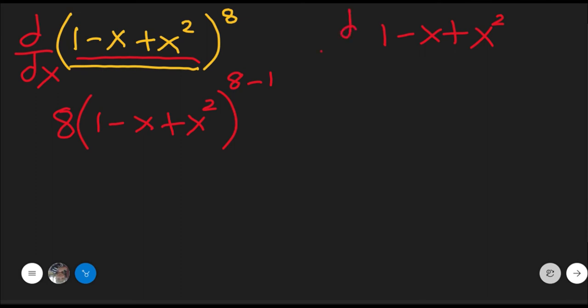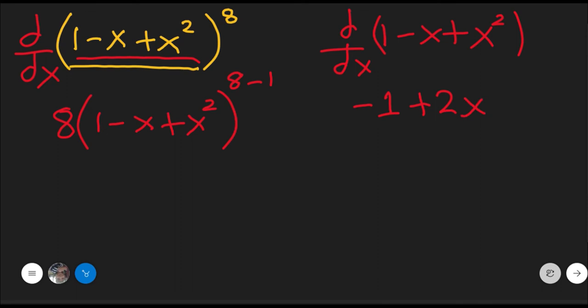Differentiation of 1 would be 0. Differentiation of minus x would be minus 1, because the differentiation of x is 1, and the differentiation of x square will be 2x. So this is minus 1 plus 2x.